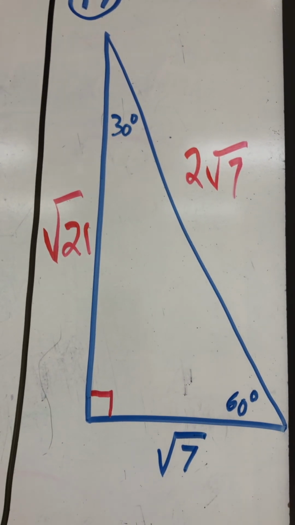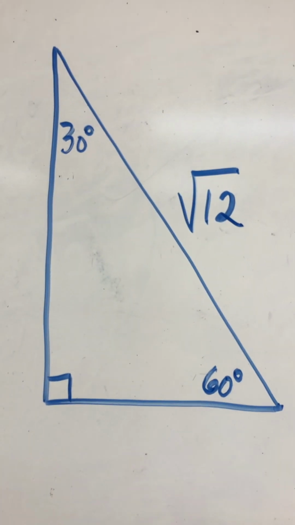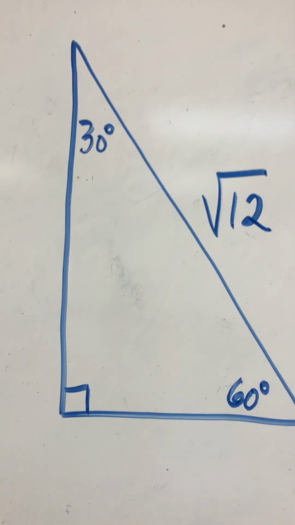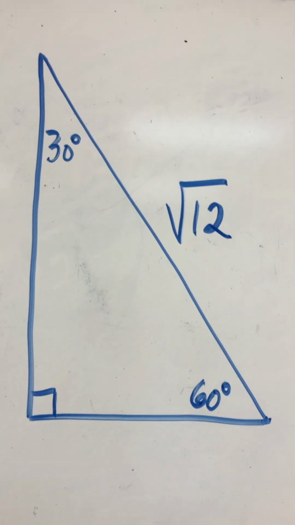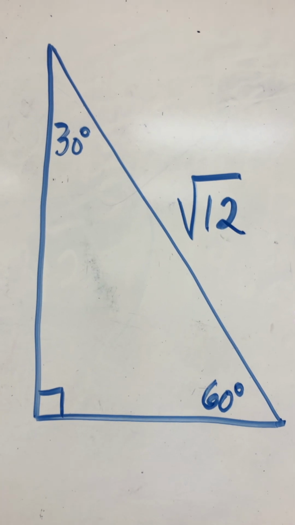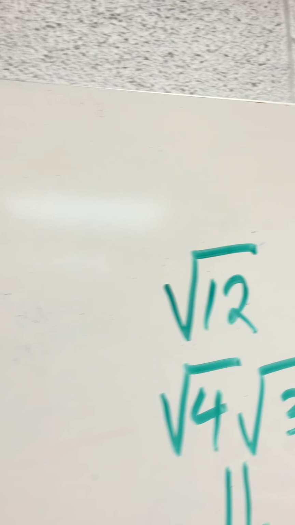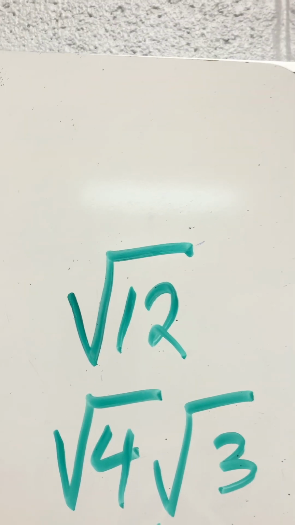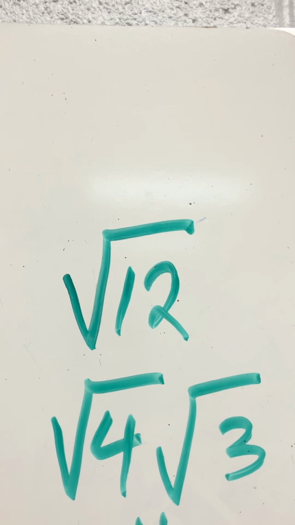Okay, now, what if you have square root of 12 for your hypotenuse? Square root of 12, can that be broken down? Oh yeah. What perfect square goes into 12? 4 goes into 12, right? So it's square root of 4, square root of 3.